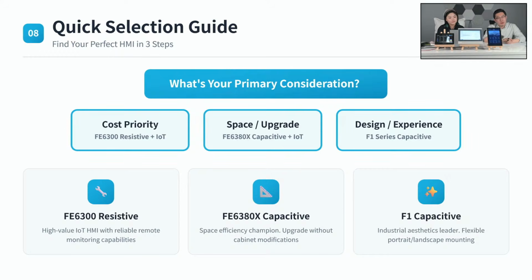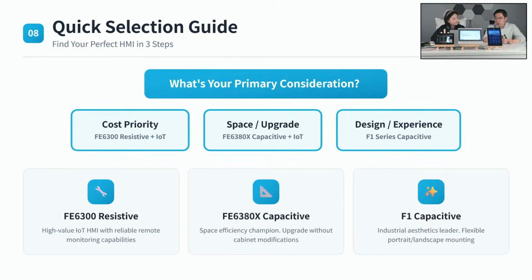And if you want to show the machine's beauty and want a high-end HMI user experience, you can choose our capacitive product line. We have the FE6380X, and also you can select the F1 series. That's a general introduction to these three types of HMI.